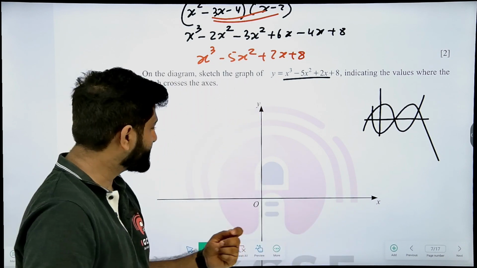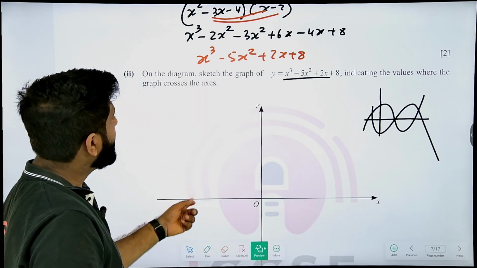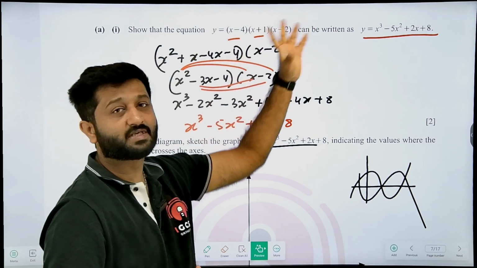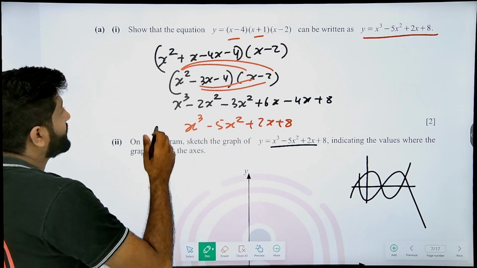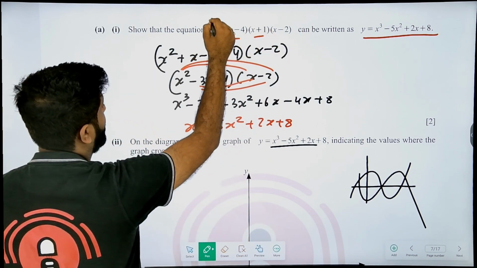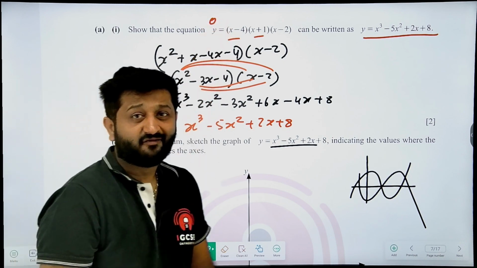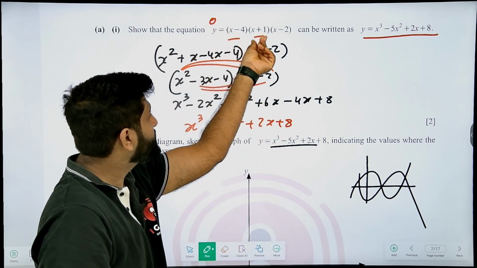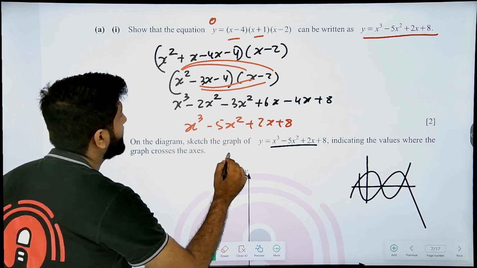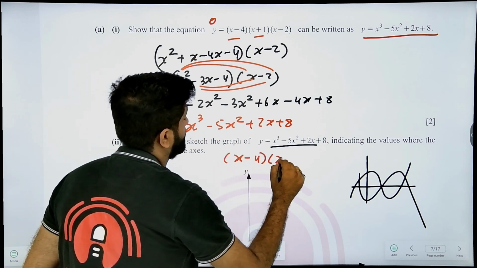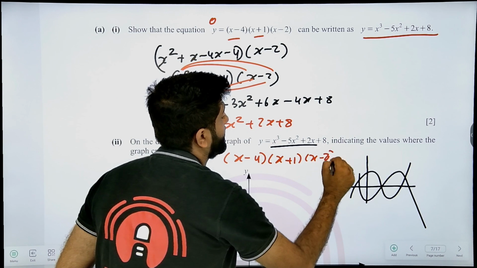X-intercepts are the points where y, or the value of the graph, equals 0. So if I substitute y as 0, when is (x minus 4)(x plus 1)(x minus 2) equal to 0?